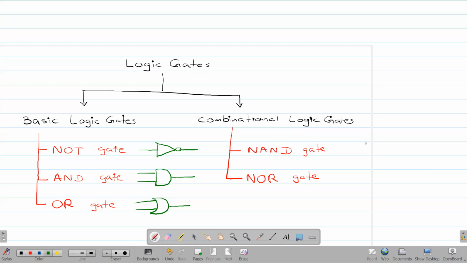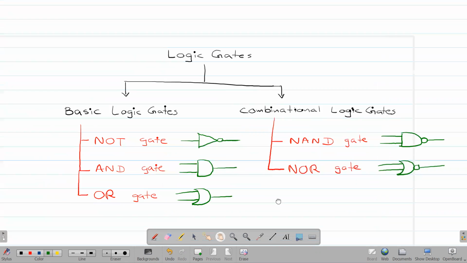The NAND gate is something very familiar to you. It's the same AND gate, but it has a circle in front of it. The NOR gate is again the OR gate, but with a circle in front of that. And there is a reason for that circle in front of the gate. So this is the way that the logic gates are categorized.